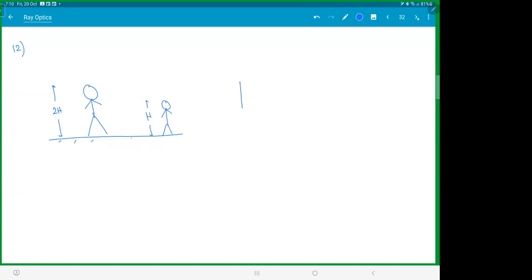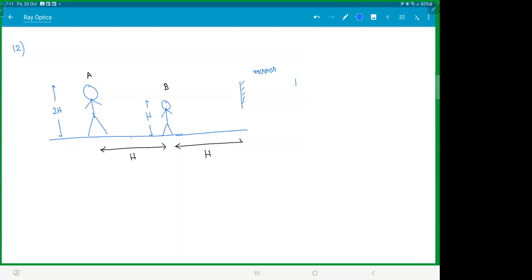And in front of them, there is a mirror. This is h. This is also h. So let's call this A and let's call this B. So we have two people here, A and B. A's height is 2h and B's height is h, and this is a mirror.